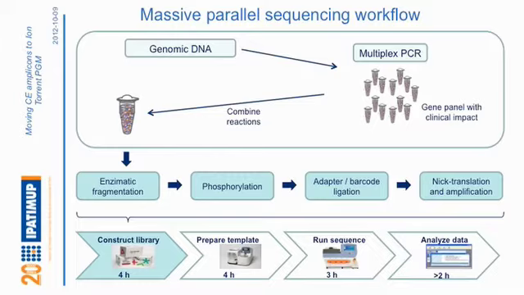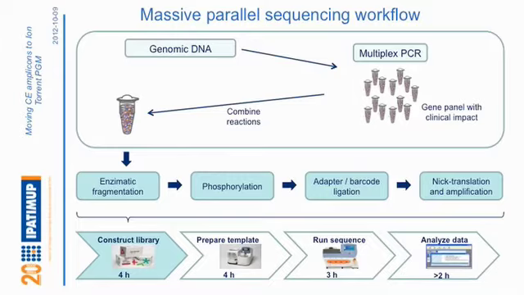So we do enzymatic fragmentation of our samples. I didn't have a picture here, but the amplicon sizes that we had in our reactions ranged from 215 up to 600. So in fact, we had to fragment our DNA.